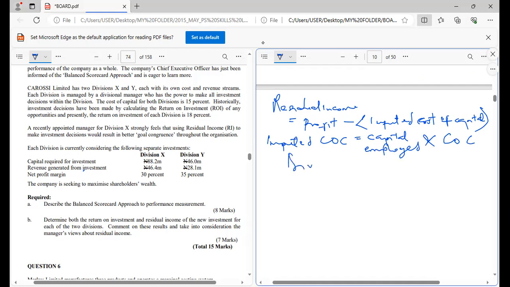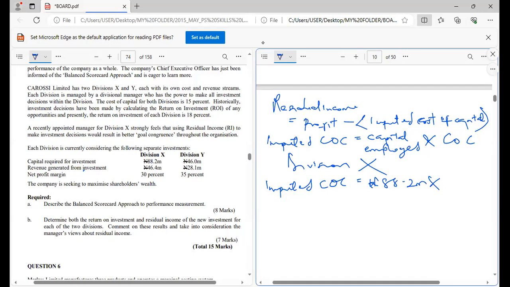So for division X, we already know our profit. The imputed cost of capital, or what we call imputed charge, is our capital employed of 88.2 million multiplied by the cost of capital for division X.